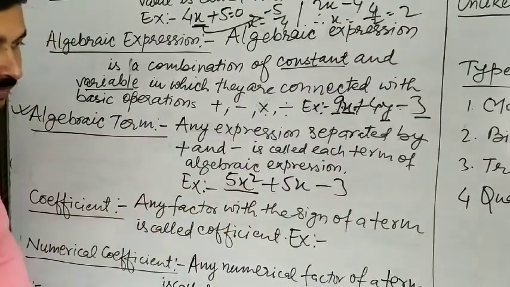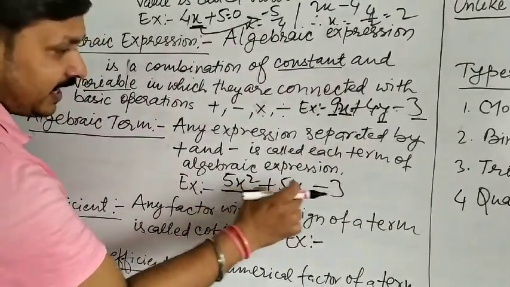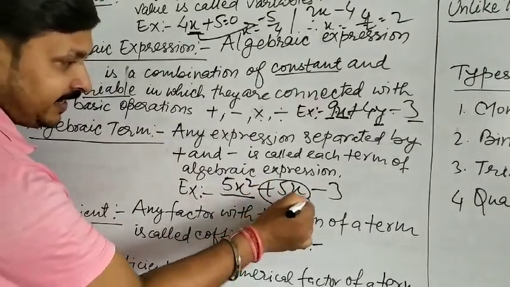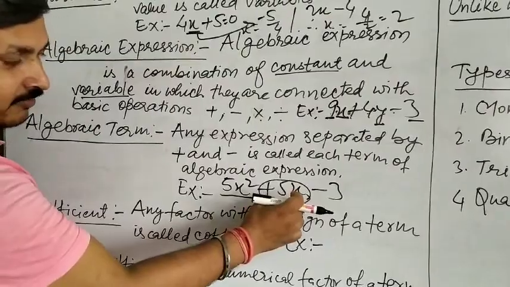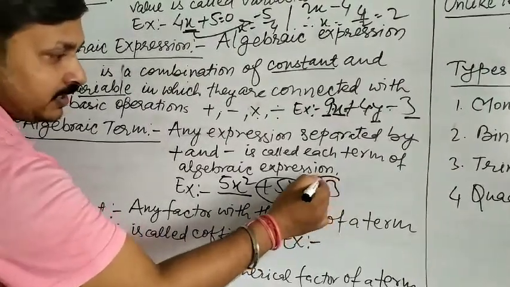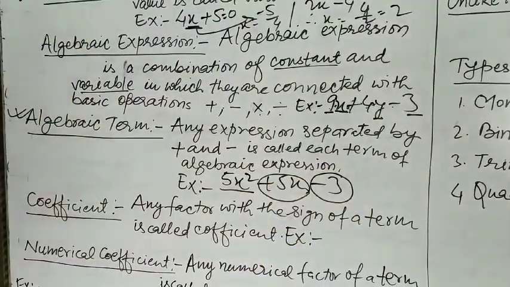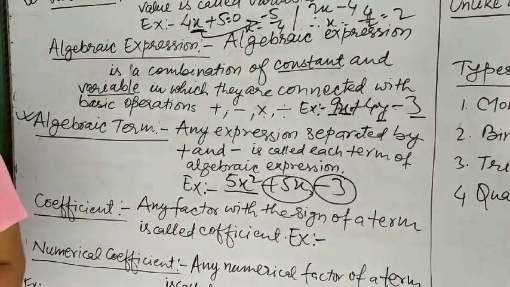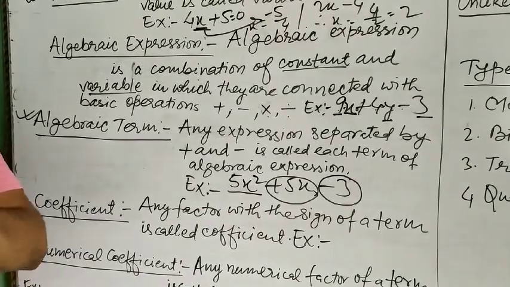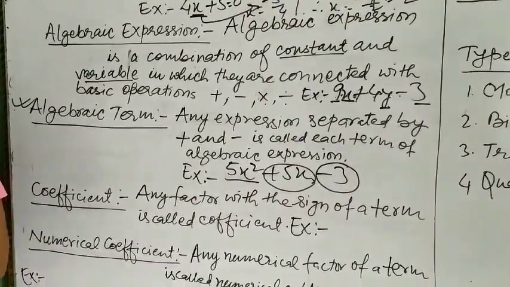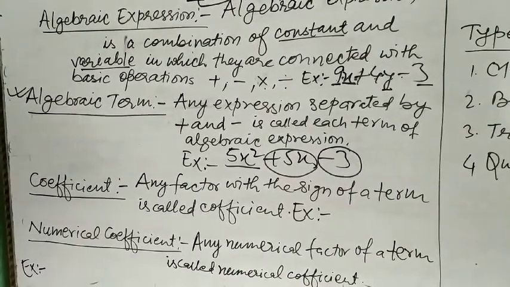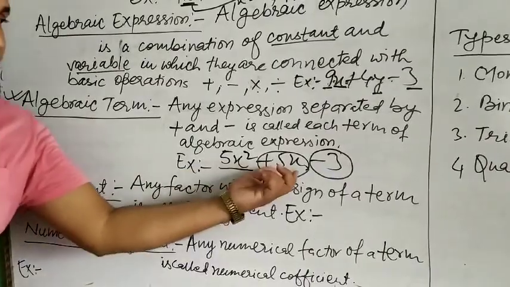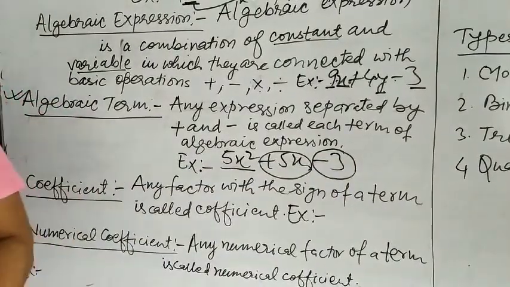This is the first term, and between this term and the next the operation is plus, so this is the second term. Between 5x and 3 is the operation, so this is the third term. After every plus and minus operation, that part is called each term of the algebraic expression.